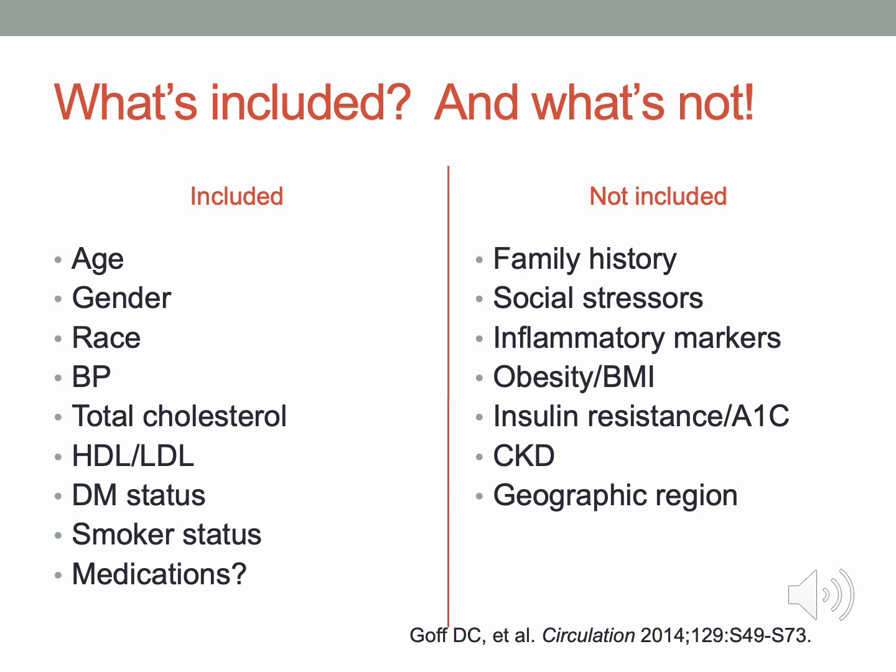But what is more important to consider is what that calculation is not accounting for. So if you're talking with your patient and you understand that they have a family history of premature ASCVD, that calculation that you just performed is going to be underestimated. That calculation does not include social stressors like depression or even stress that we know can increase risk for cardiovascular event.